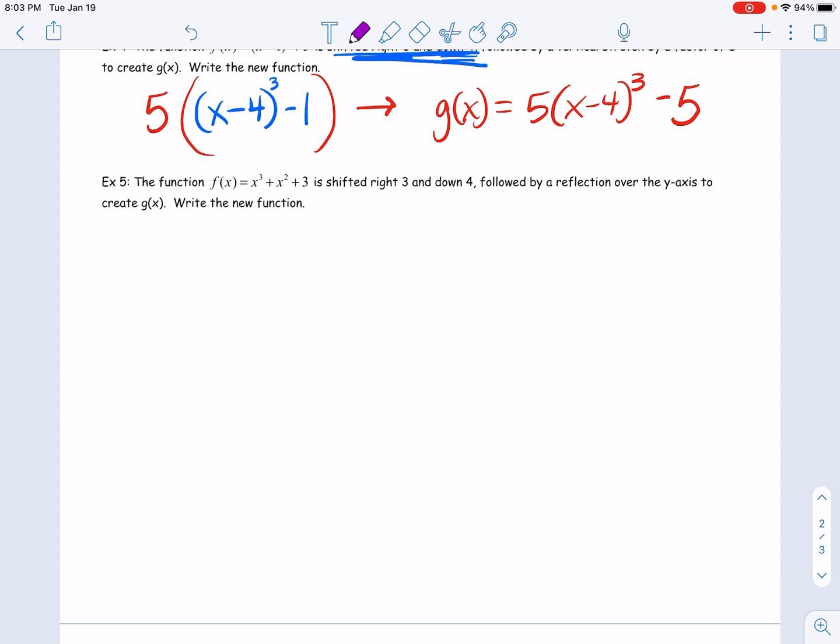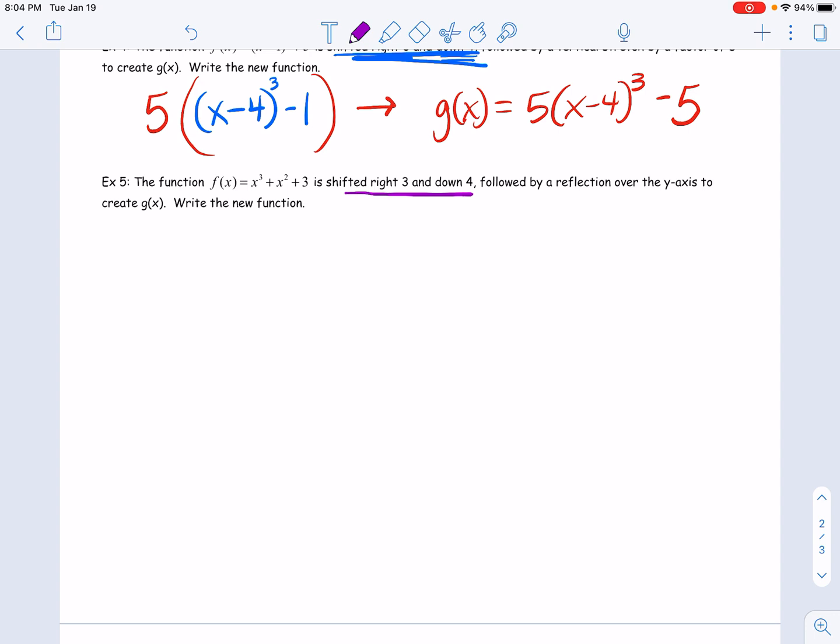I know going right and down, you can do at the same time and it doesn't affect one or the other. The word followed by the reflection over the y-axis will then apply to everything we just did. So I'm going to do these two transformations first, and then follow by the reflection over the y-axis to create my new function.